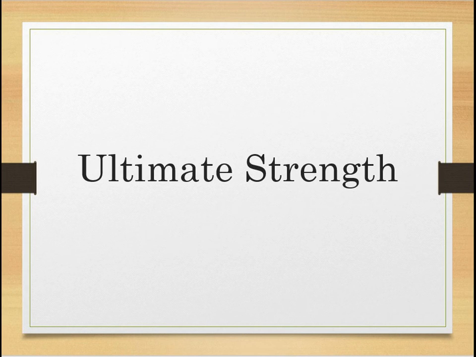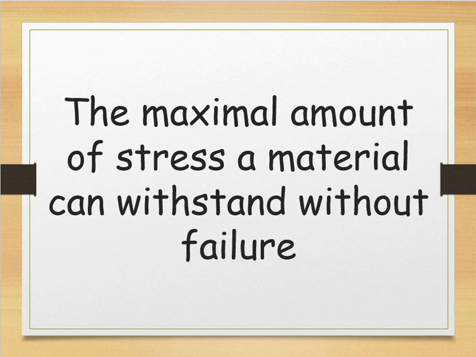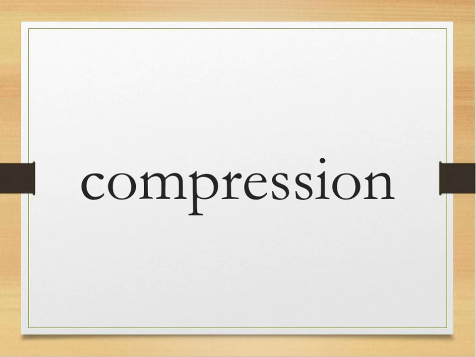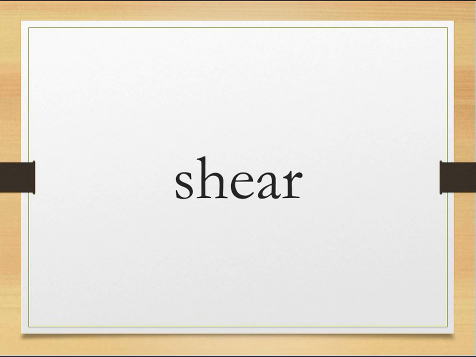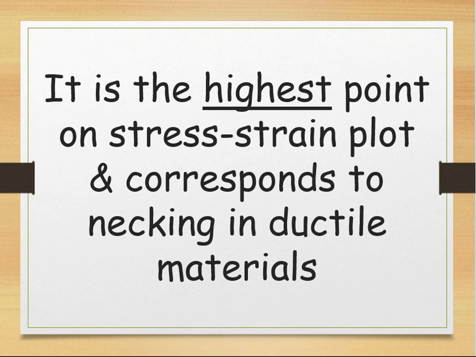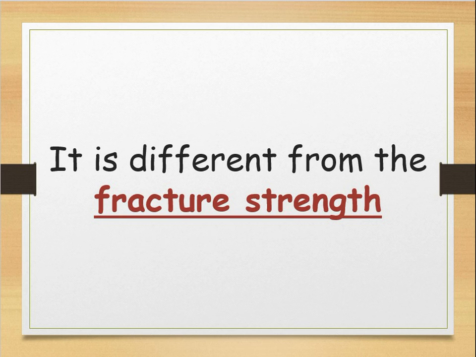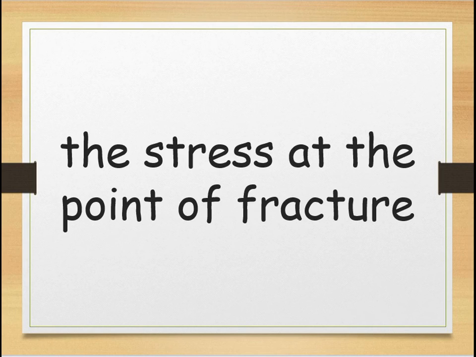Ultimate strength is the maximum amount of stress a material can withstand without failure in compression, tension, and shear. It is the highest point on the stress-strain plot, and corresponds to necking in ductile material. Usually, it's different from fracture stress, which is the stress at the point of fracture.